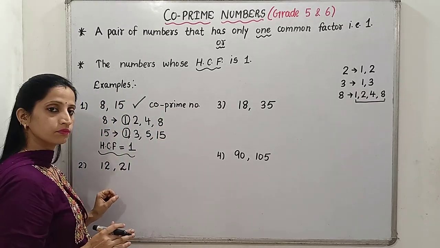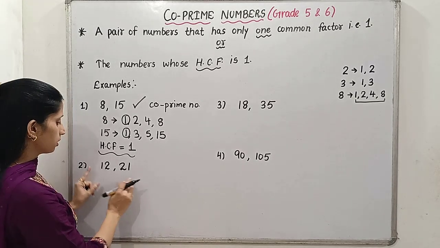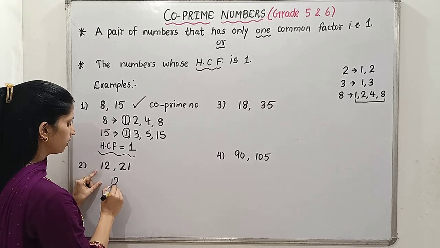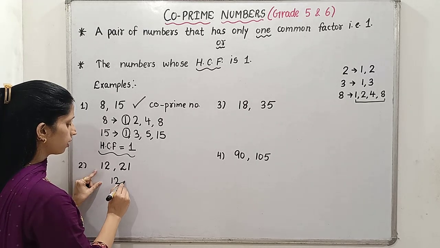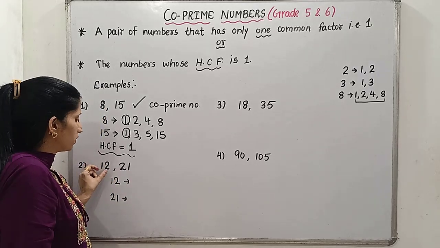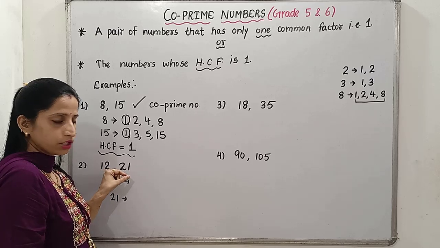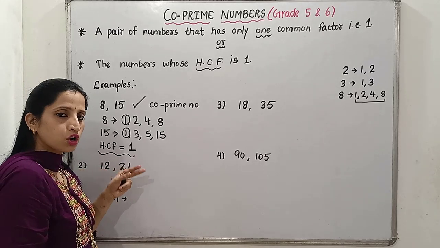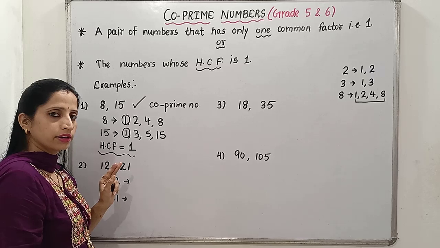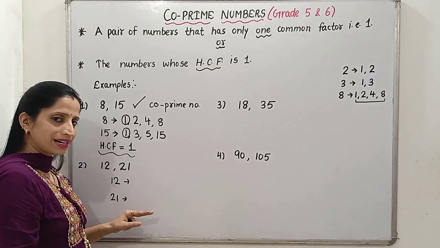Now, similarly, we will check the second one. It is clear that 12 and 21 will have a common factor, that is 3, because 12 is divisible by 3 and 21 is also divisible by 3. So these numbers have one more common factor, that is 3, apart from 1. Hence this will not be a co-prime pair, but let's solve it.